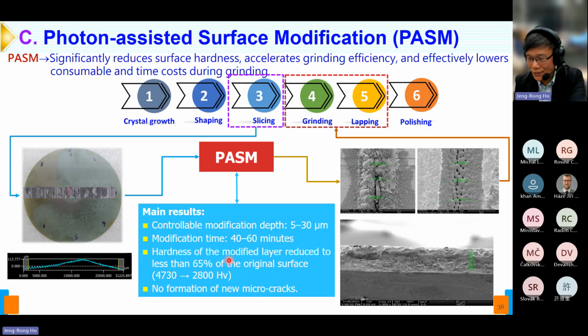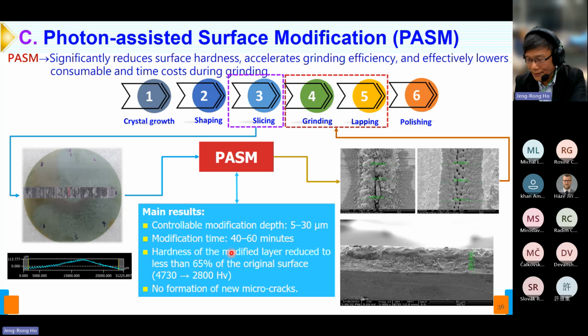And the main results: based on this technique, we can control the modification thickness from 5 micron to 30 microns. And the modification time usually is less than 1 hour.